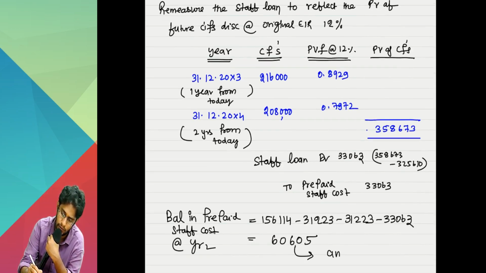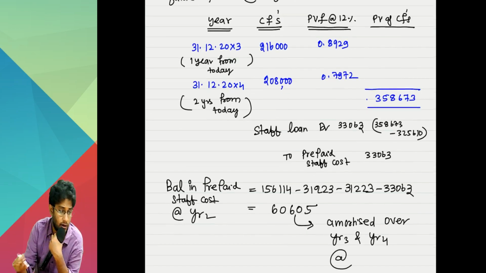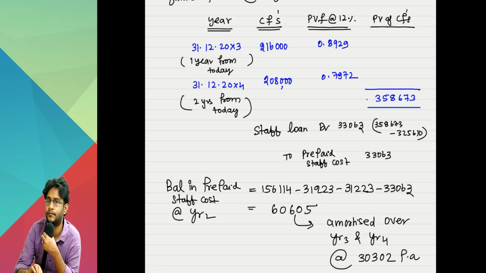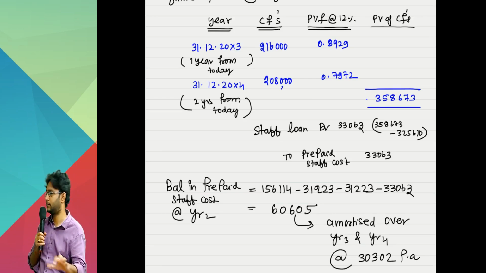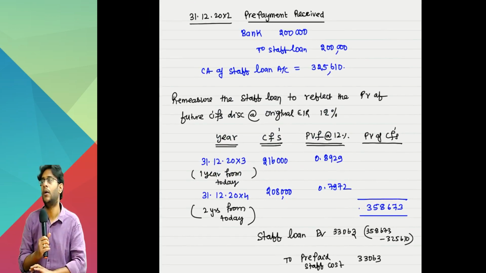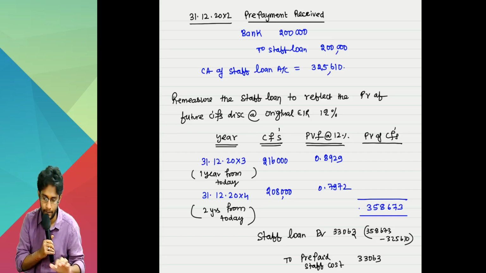So this is to be amortized over year 3 and year 4 at the rate of half of it, 302 or 303. This one.